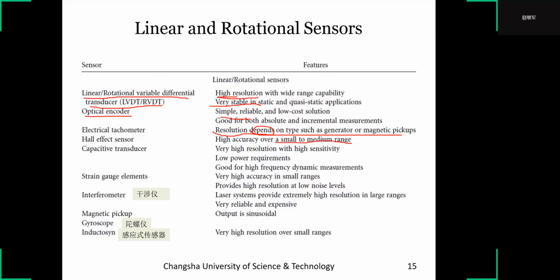The capacitive transducer has very high resolution with high sensitivity and requires no power. The strain gauge element has very high accuracy in a small range and provides high resolution at no noise level.